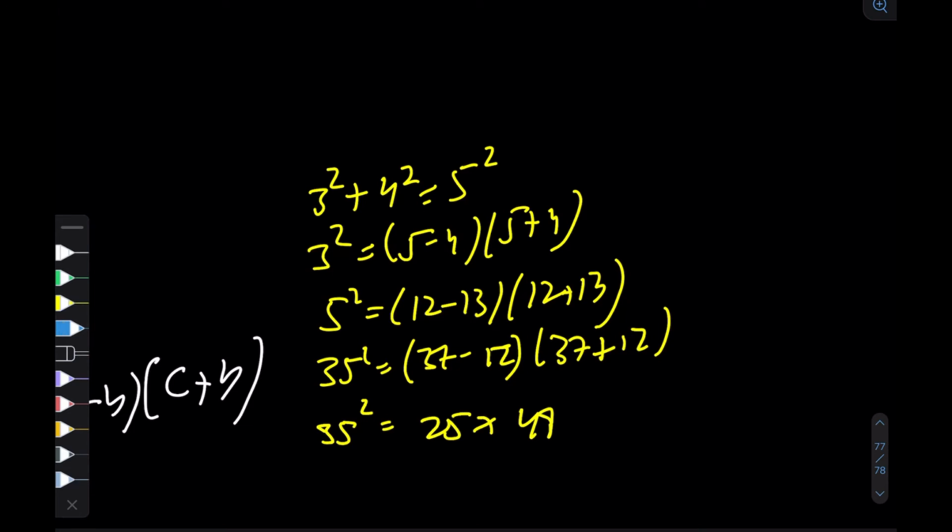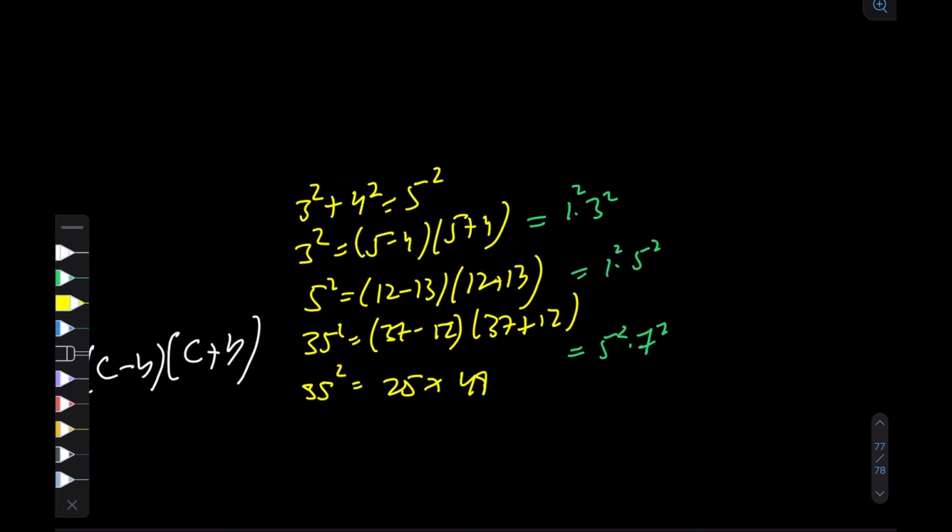If you were to go on and do a little bit of experiment, you would realize that it is always the case. Let me write it like this: 1 squared into 3 squared, 1 squared into 5 squared, 5 squared into 7 squared. It is always the case that you are multiplying two perfect squares, right?